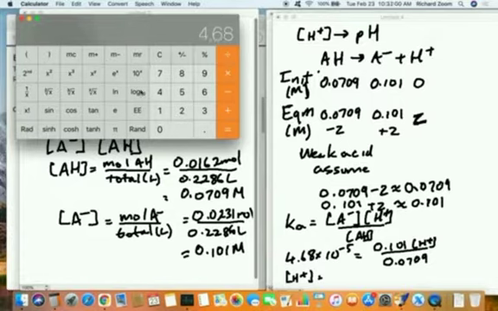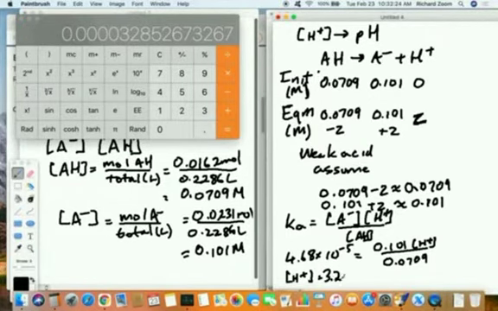And then the concentration of H plus is 4.68 times 10 to the negative 5 times 0.0709 divided by 0.101, and that'll be 3.29 times 10 to the negative 5.